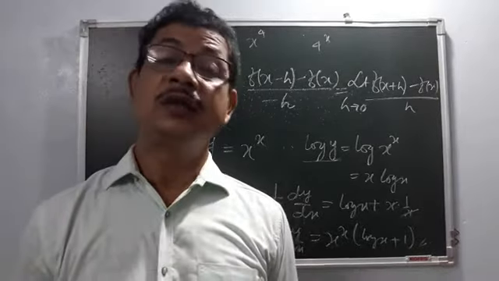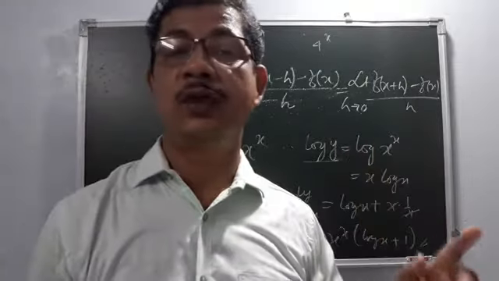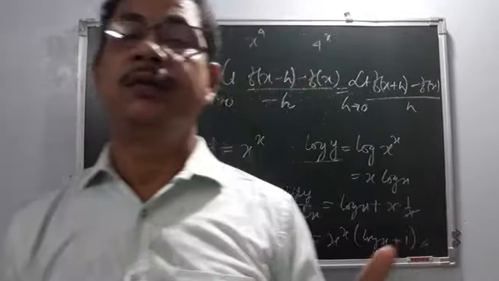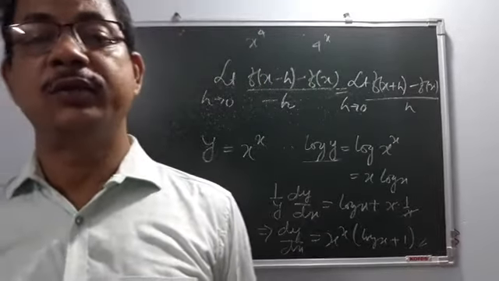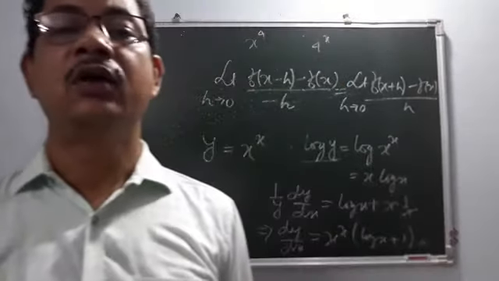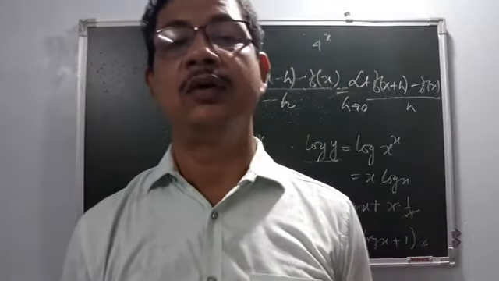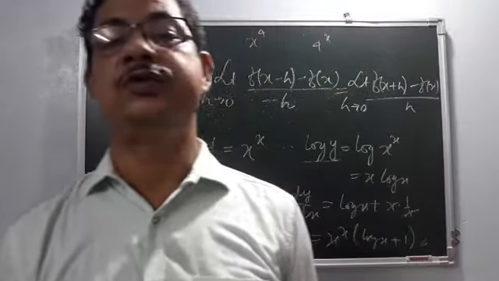Then if the calculation is big, suppose y is equal to x square plus 1 into x cube minus 1 into x to the power 4 plus 1 divided by x square plus 2 divided by x square minus something. If it is big, you will find in the exercise it is given, or a root over this one is given, a terribly big one with 4 or 5 terms, then log is the only way to solve it.